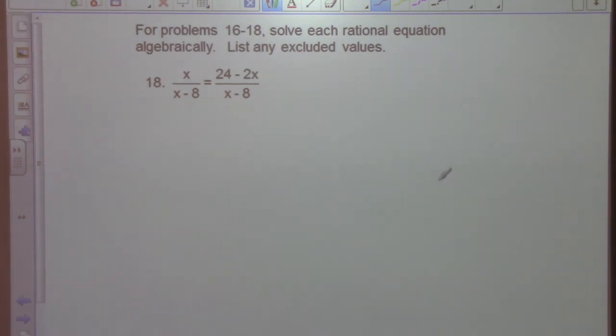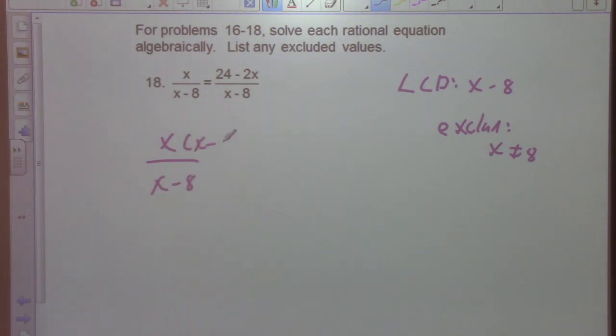Problem 18. What's our least common denominator? X minus 8. What's our excluded values? X cannot equal 8. So here we have x over x minus 8 times x minus 8. And up here we have 2 times 12 minus x over x minus 8 times x minus 8.